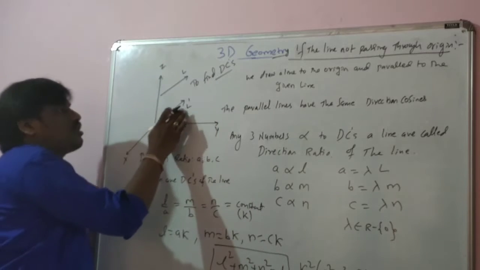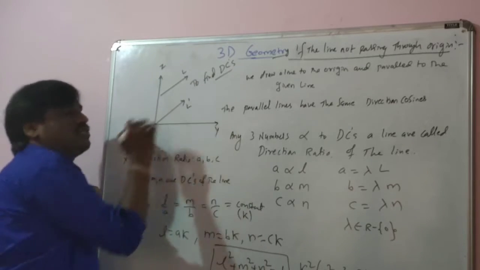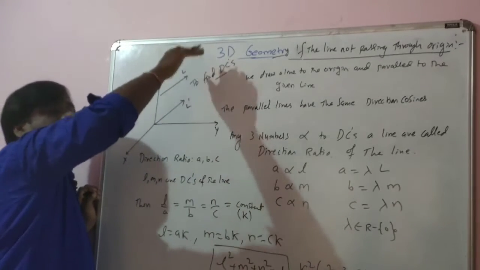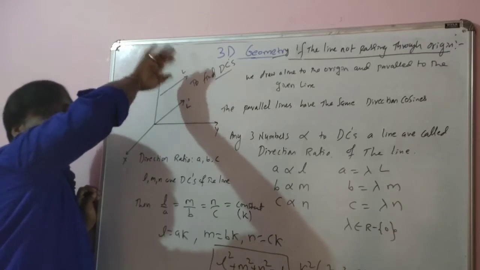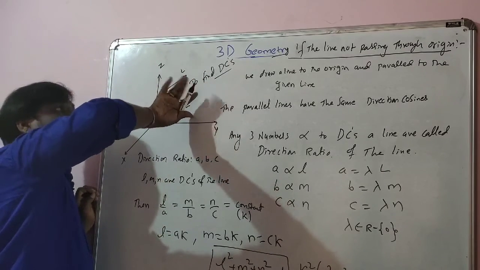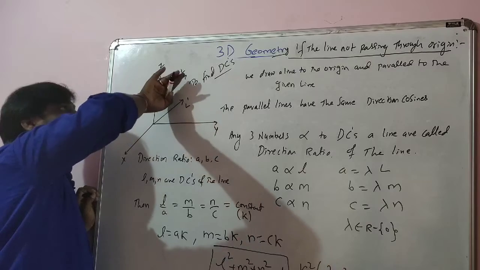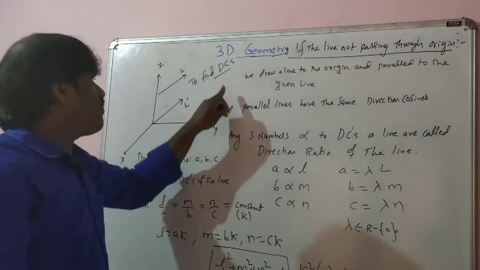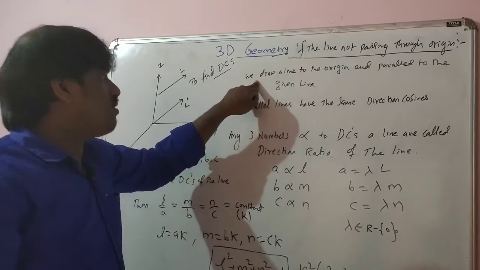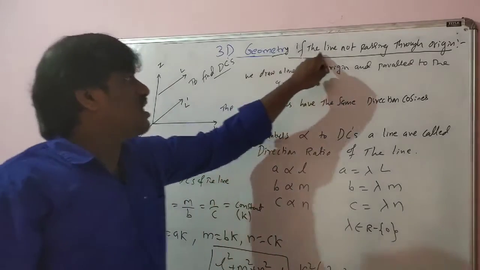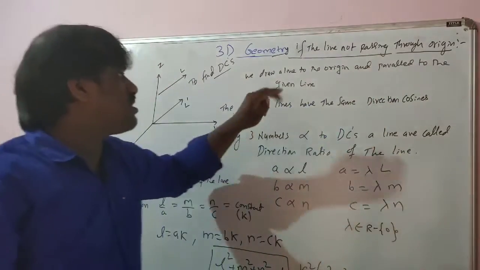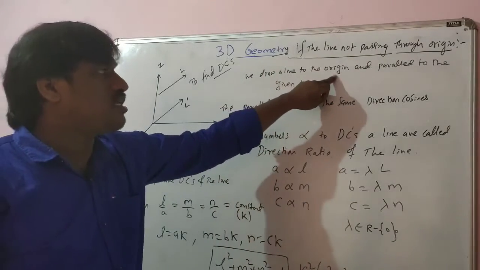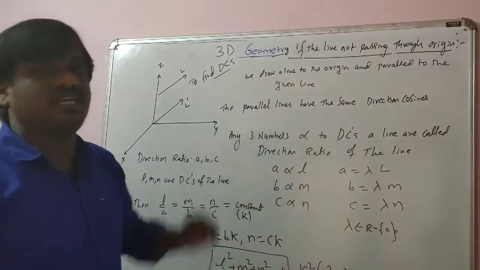If the line is not passing through the origin, you can draw a line through the origin parallel to the given line.